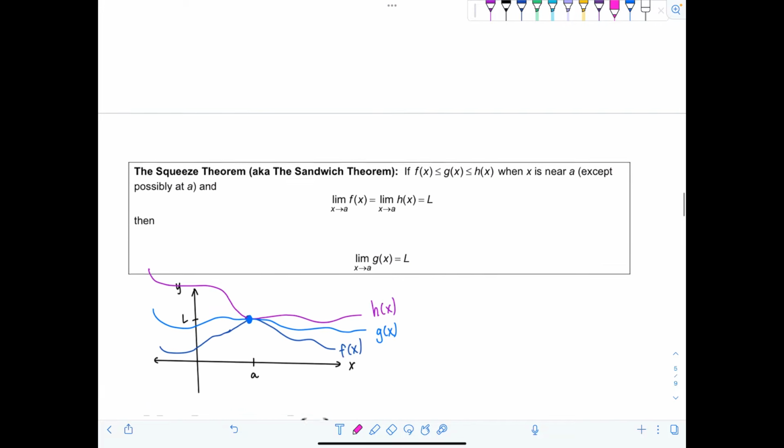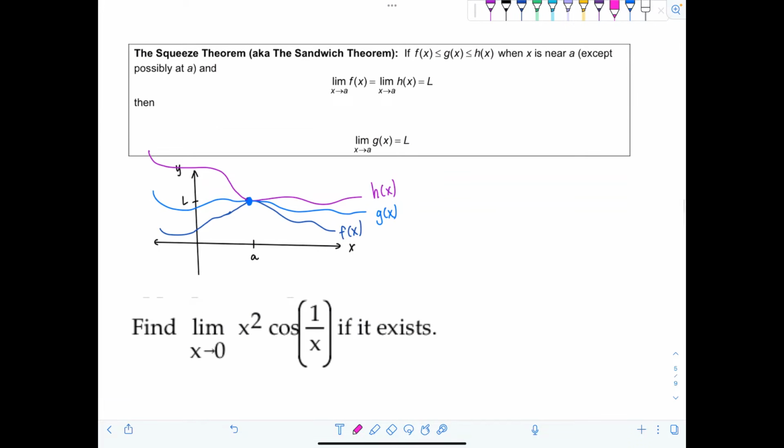Now, more ideas for limits. The squeeze theorem, or the sandwich theorem, tells us that if you have a function and you can bound it between two other functions, so say g of x can be bounded below by f of x and above by h of x, then as long as the limits of the functions bounding it below and above are the same, so the limit of f of x is L, say f of x is the lower bounding function, and the limit of h of x is L, then that tells us the limit of g of x must also be L. And then here's a little visual example to help you.